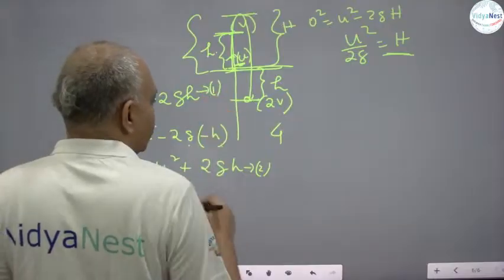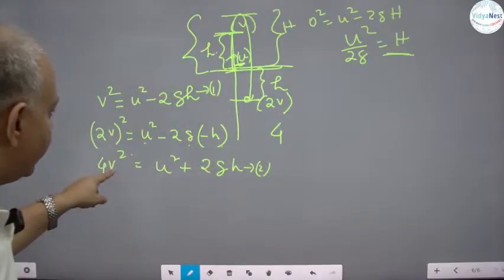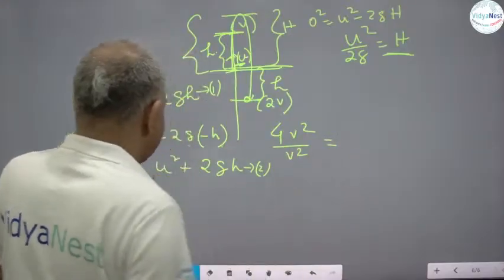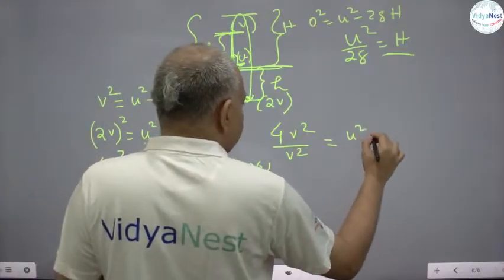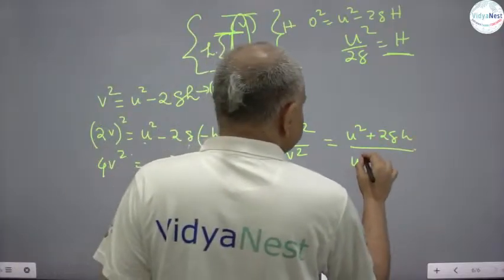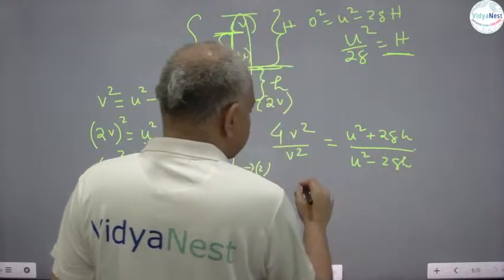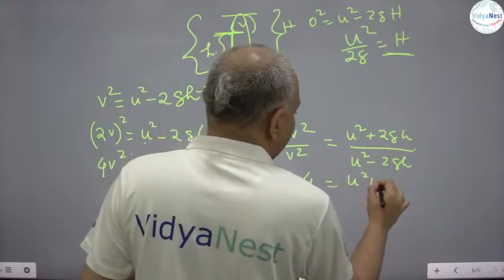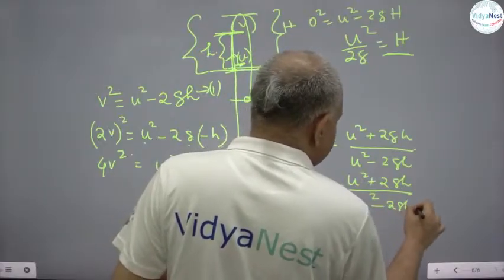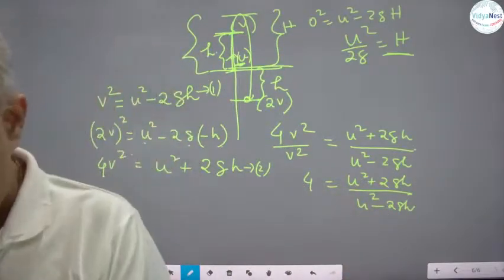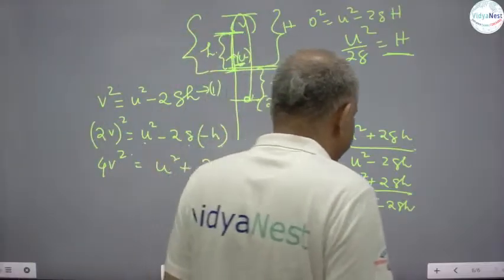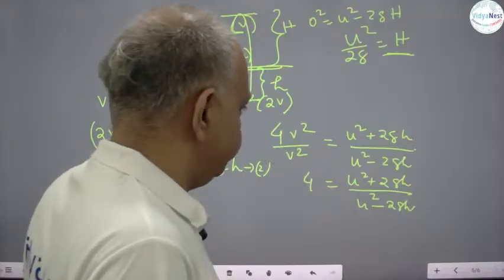If I divide equation 2 by equation 1, 4v square divided by v square, so this is u square plus 2gh divided by u square minus 2gh, is equal to 4. So now you observe, what do we require?